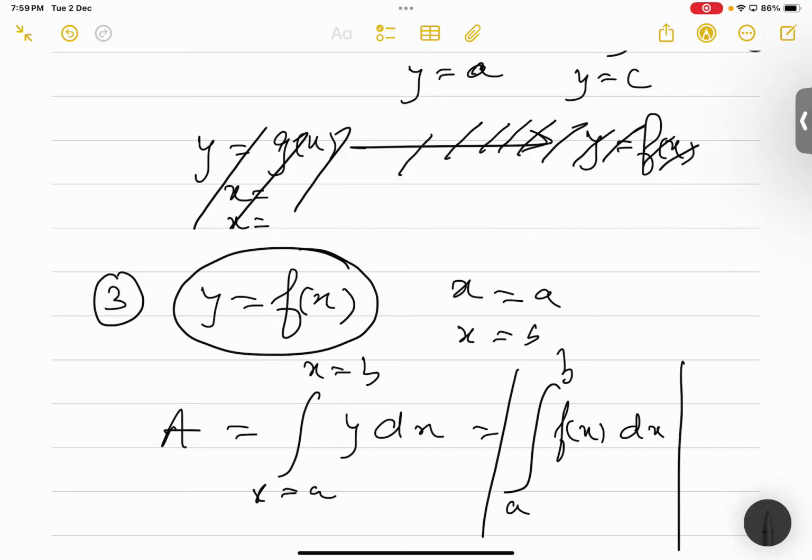This is given. I think if you want to copy, you can copy. But this is already given. Okay.